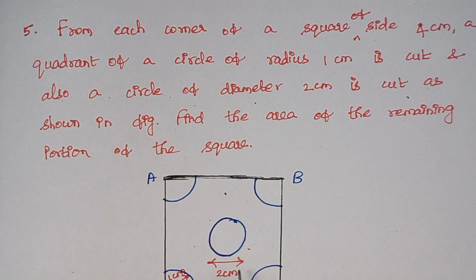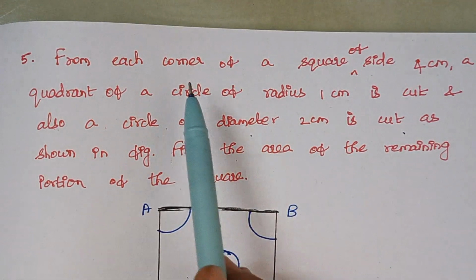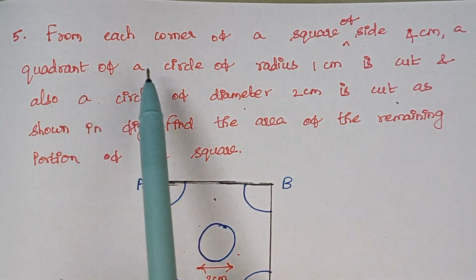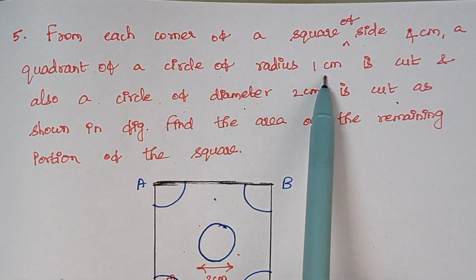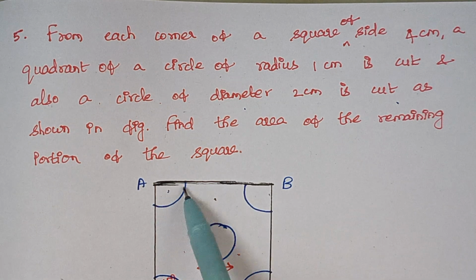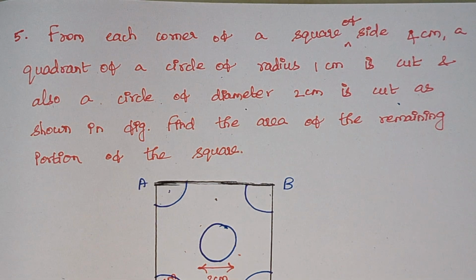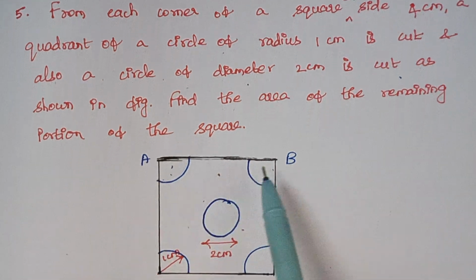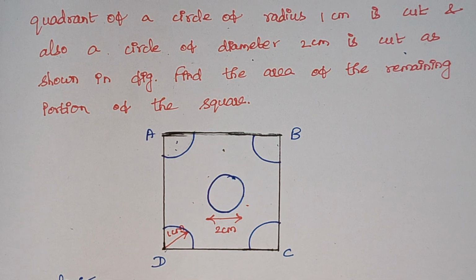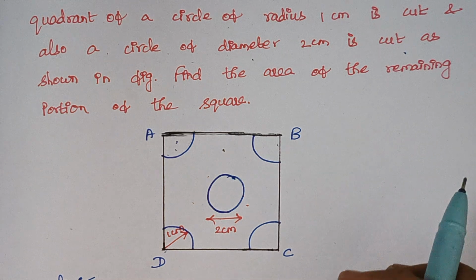And from each corner of the square, a quadrant of a circle of radius 1 centimeter is cut. That is, from each corner we are drawing a quadrant whose radius is 1 centimeter. So here you see we are having 4 quadrants whose radius is 1 centimeter. Right. So find the area of the remaining portion of the square.